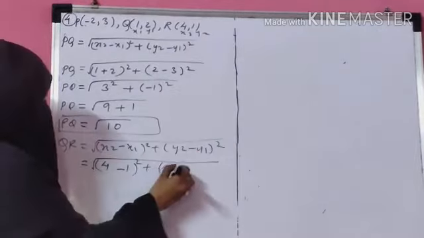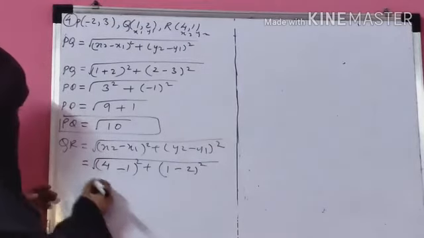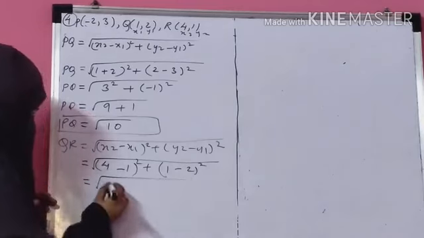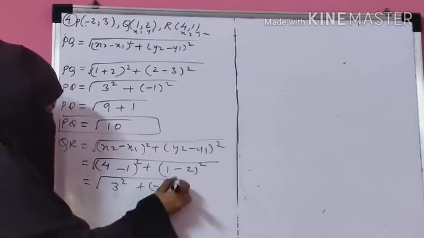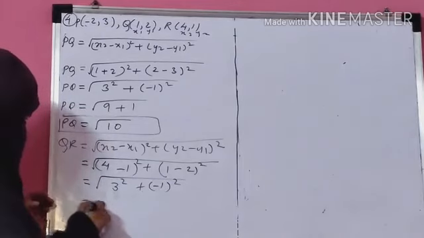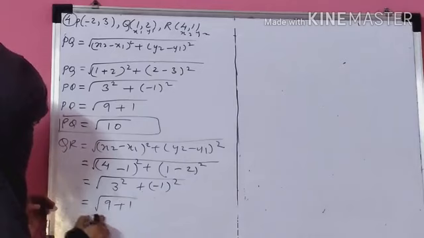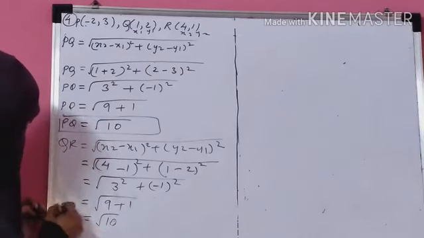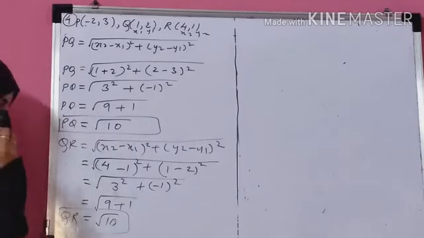Y2 here 1 minus y1 is 2 whole bracket square. So 4 minus 1 is 3 whole bracket square. 1 minus 2 is minus 1 whole bracket square. So 3 square again 9 and 1 square is 1. So 9 plus 1 is 10. Root 10. Distance between points QR is root 10.